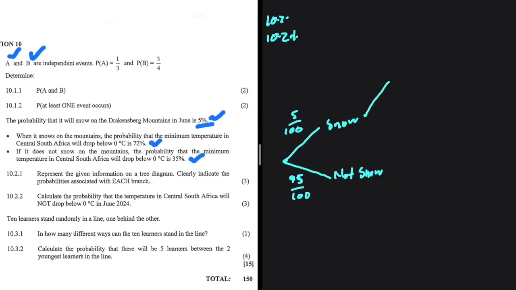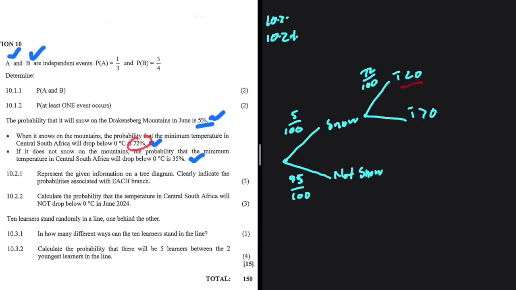If it snows, then the temperature can be less than 0, but it is also possible that it can snow and the temperature be greater than 0. So what is the probability that when it snows, the temperature is less than 0? Let's go ahead and find out. You can see clearly here that if it snows, then the probability is 72% that the temperature is going to be less than 0. So we have 72 divided by 100.